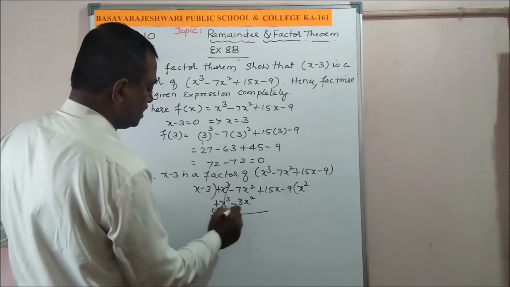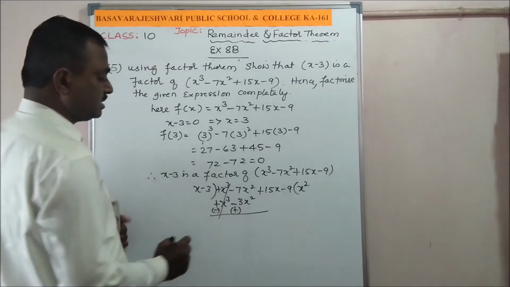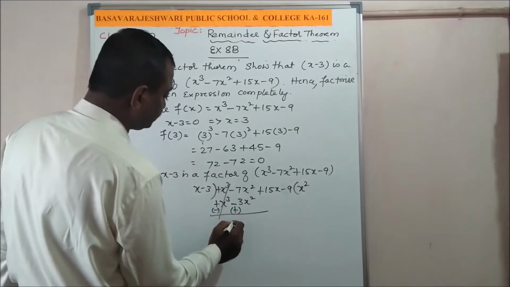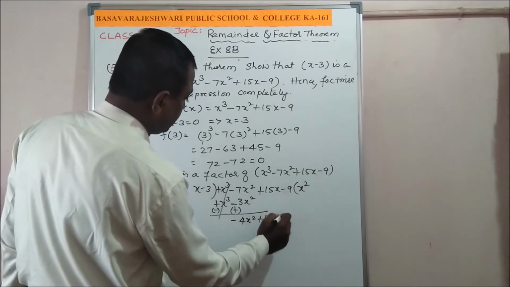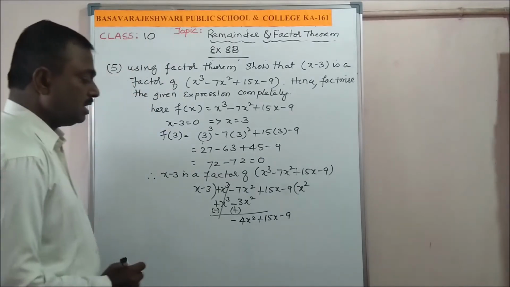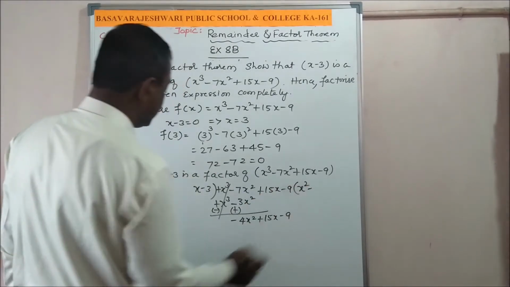Plus, minus. Minus 7 plus 3, minus 4x square. Plus 15x, minus 9.